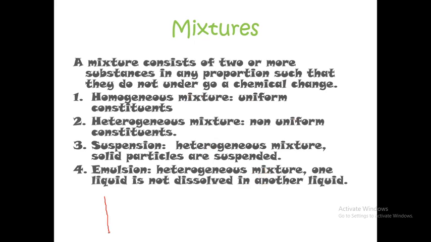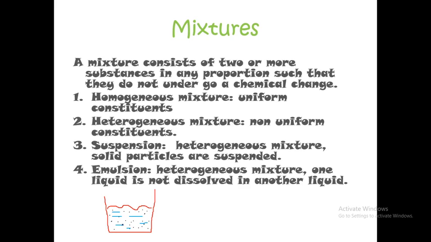Suppose this is a beaker and it is filled with water. Clear? And these are the small particles of the mixture, which are floating or which are in the suspended form. So this is suspension. Clear? What is suspension?